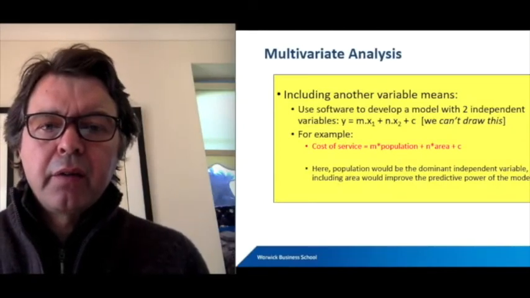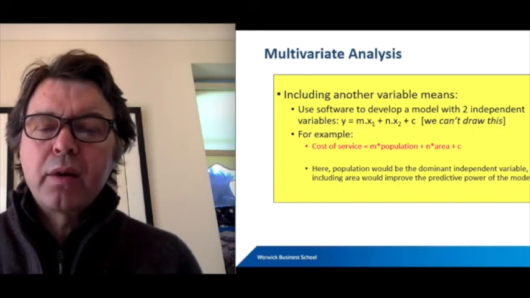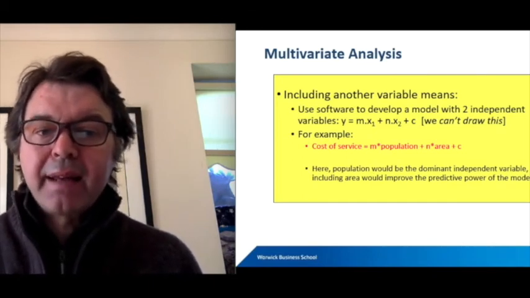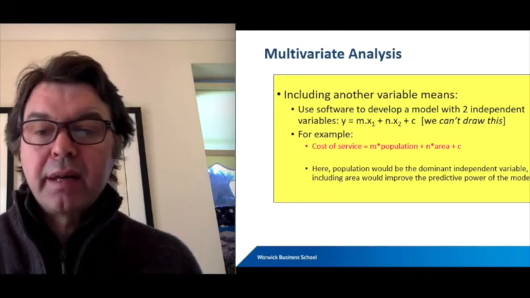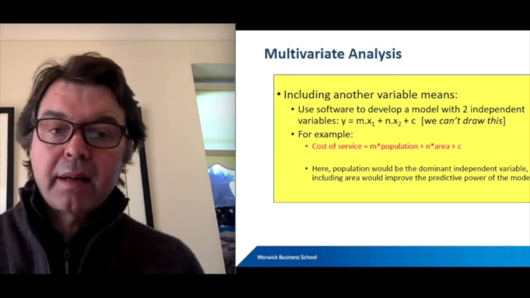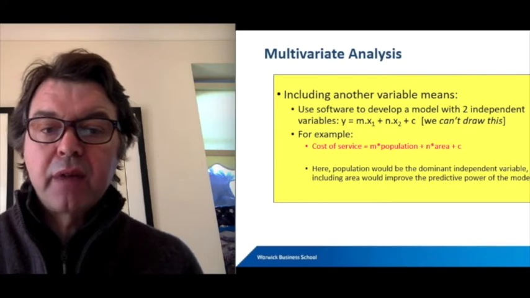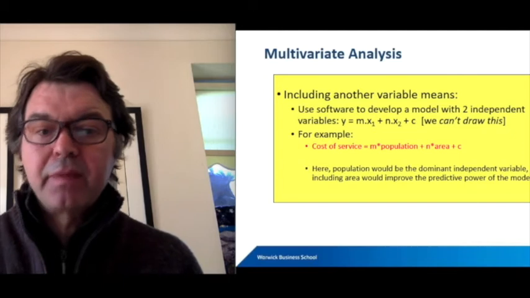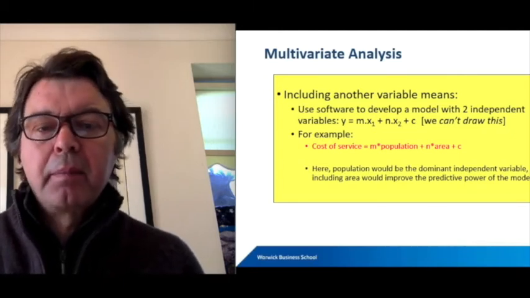So including another variable means that our model changes slightly. So instead of y equals mx plus c, it becomes y equals mx1 plus nx2 plus c, where x1 is one variable and x2 is the second variable. So for example, cost of service equals m times population plus n times area plus c.